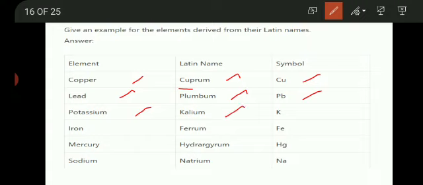Potassium, kalium, K. Iron, ferrum, Fe. We have to take from the Latin word. We cannot take from the element name. Mercury, hydrargyrum, so Hg. Sodium, natrium, so Na.